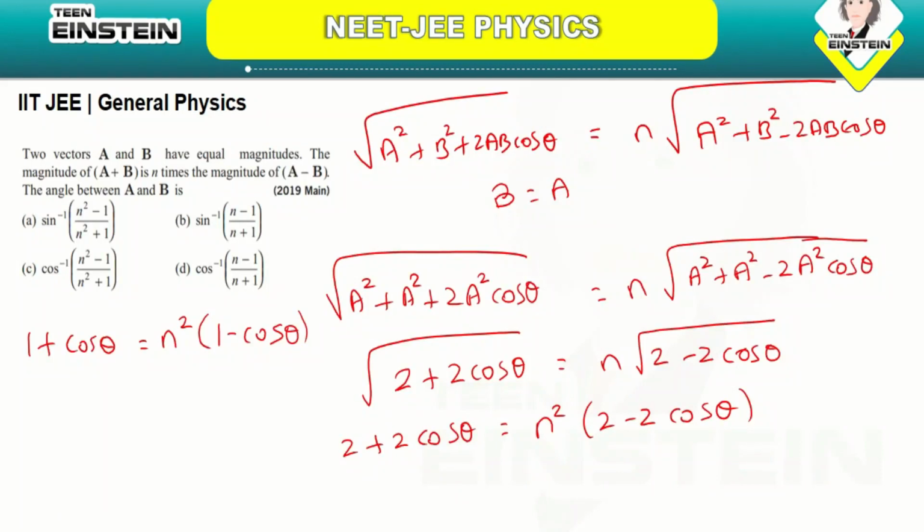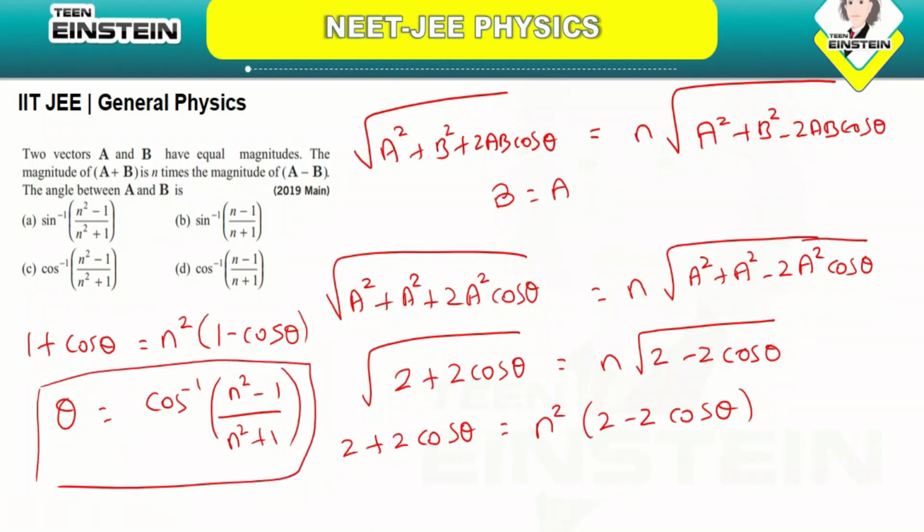Okay. So when you try to solve this, you will get the theta value as cos inverse of n square minus 1 divided by n square plus 1. So the angle between a and b will be cos inverse of n square minus 1 by n square plus 1. So the correct answer is option number C.